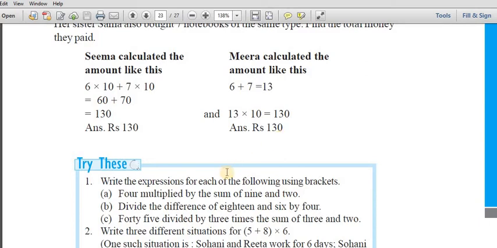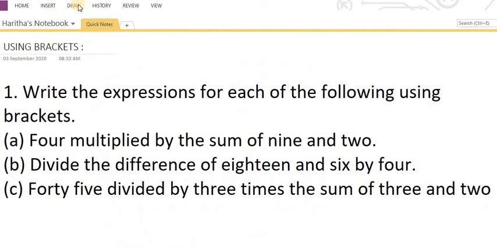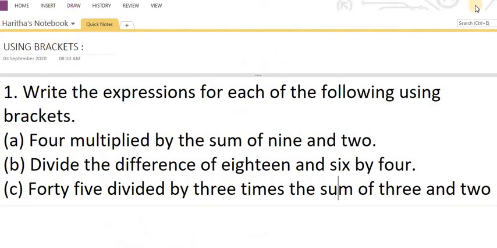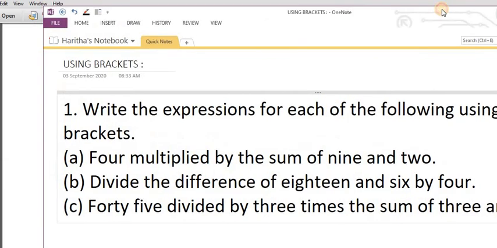Try these. Write the expressions for each of the following using brackets. So we will do this in a notebook now. Let's start.